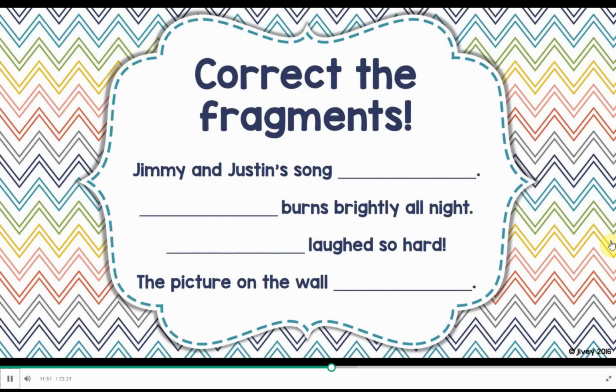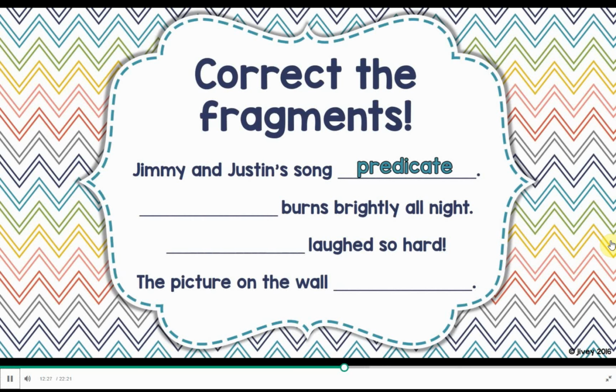Let's look at each sentence together and figure out what was missing. Jimmy and Justin's song blank. Well, Jimmy and Justin's song doesn't have a verb with it, so that must be a subject. That means we're missing a predicate. So when you filled in that blank, you should have filled in a verb and possibly some other modifiers to go along with the verb to make a complete predicate.